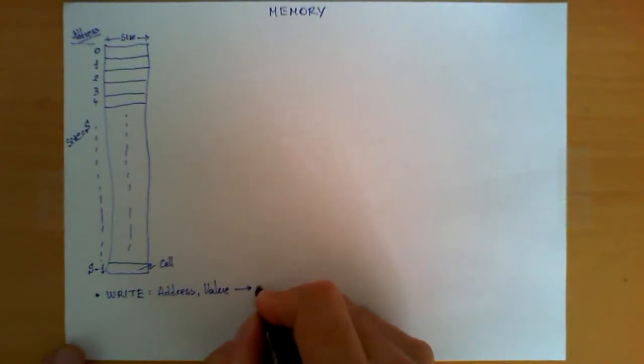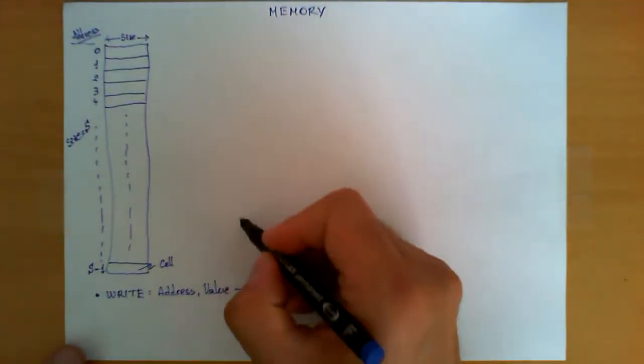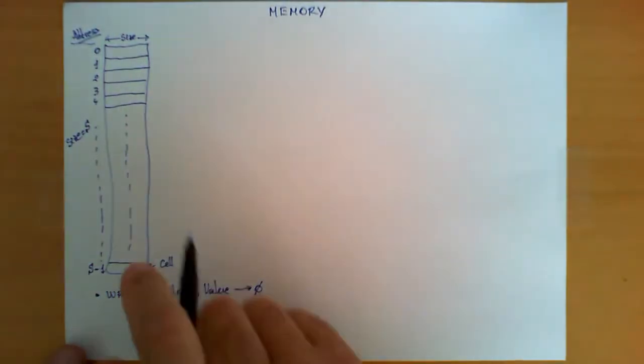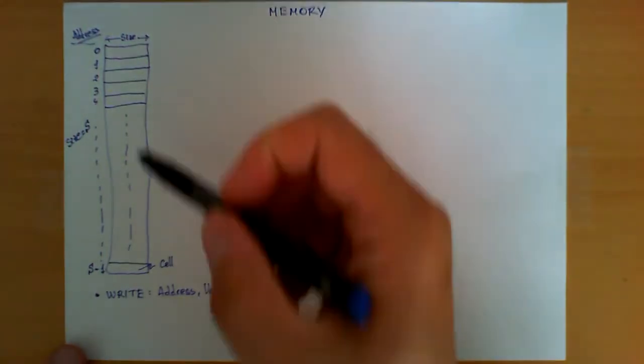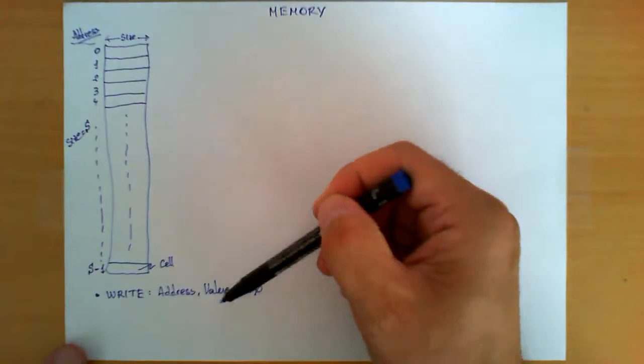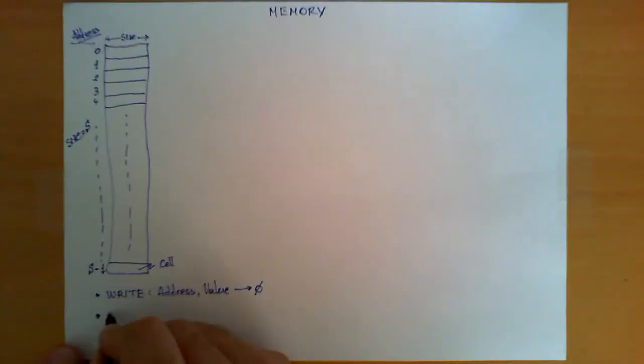It doesn't return anything, but intuitively, the value is written in the cell whose address is given. So given these two elements, an address and a value, the table makes sure that this value is stored in that box. The other operation, of course, is a read operation.